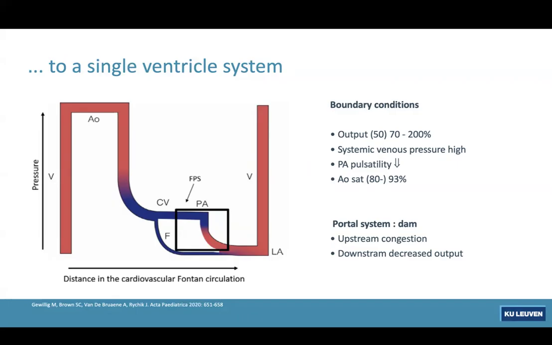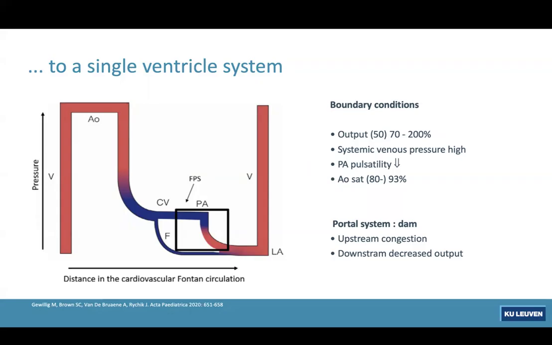We also see that by definition, we now have elevated systemic venous pressures and obviously no, or at least decreased, pulsatility in the pulmonary arteries. And although in most patients the aortic saturation varies between 90 and 95%, we do have patients as well with persistent fenestration, with collaterals, who will have lower systemic oxygen saturation.